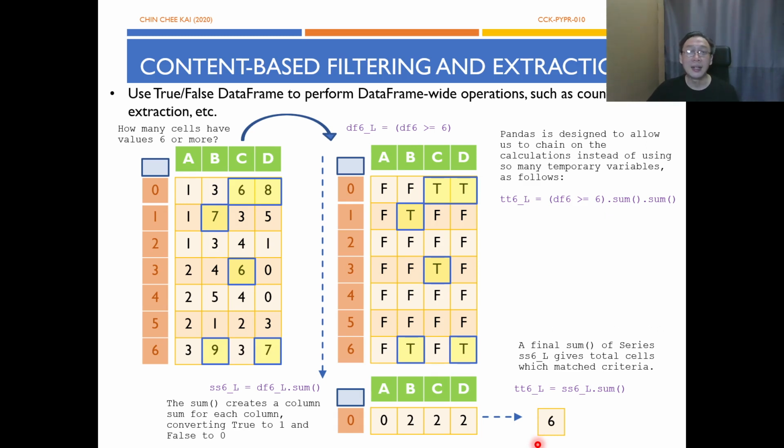Now, pandas is designed for us to not have to create so many temporary variables. I created them because when learning it the first time, we're trying to slow down the action and see frame by frame what's going on, right?